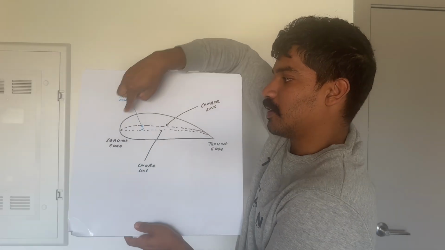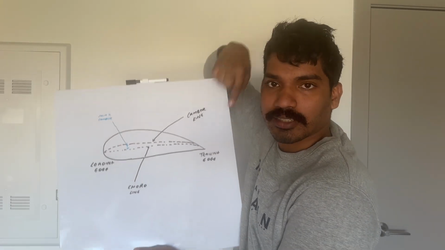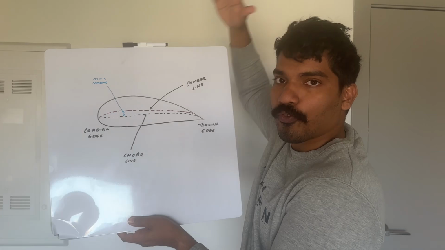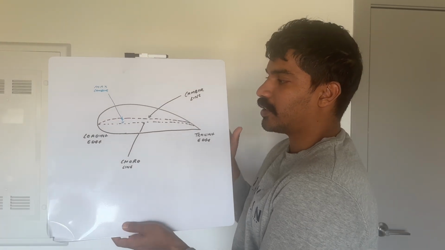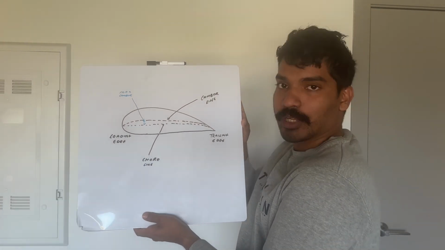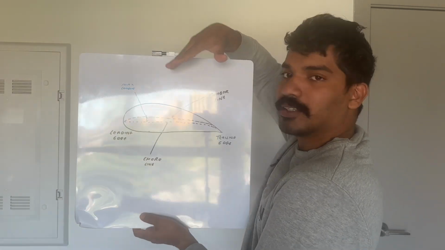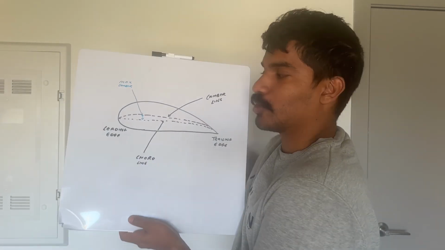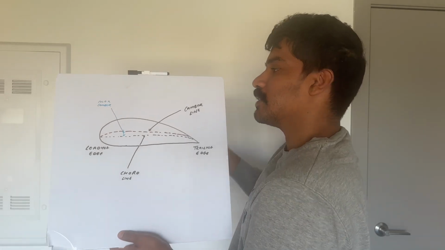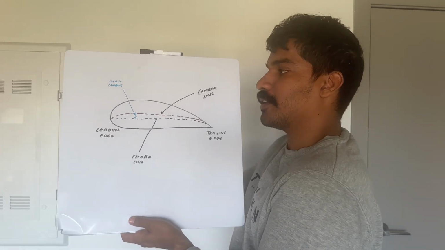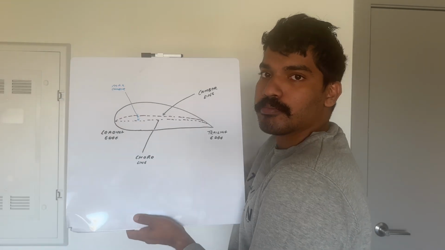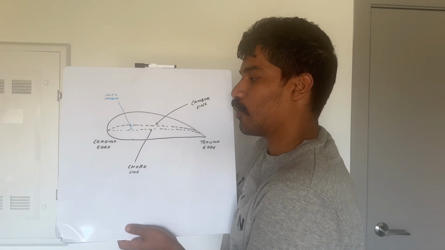This is a cross section view of an aerofoil. If you imagine seeing a wing from the side, this is almost what it should look like, right? So let's look at the parts of an aerofoil, or the terminologies of an aerofoil.